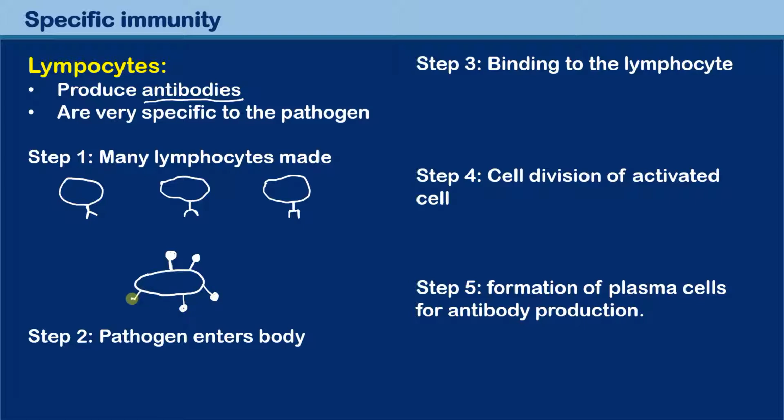And what happens is the following, that this pathogen over here now enters the body. So that's my pathogen. And it enters the body and is now able to bind against one of the lymphocytes that the body has made. So I should draw over here, that's supposed to be the body.